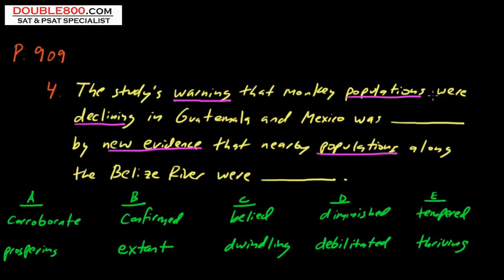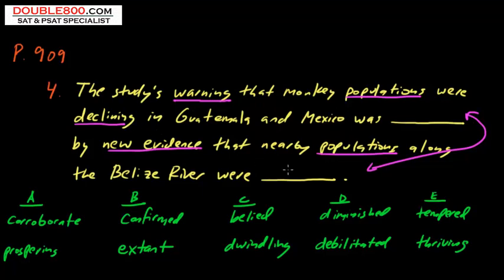So we know there's a warning that the populations were decreasing, but we don't know the outcome of that warning, whether it was confirmed or refuted. And it really depends on the two blanks. So you kind of need the answers to help you out, but you should recognize that these two blanks are opposite, because either the warning confirmed that populations were declining.